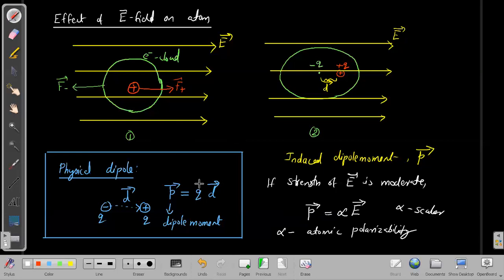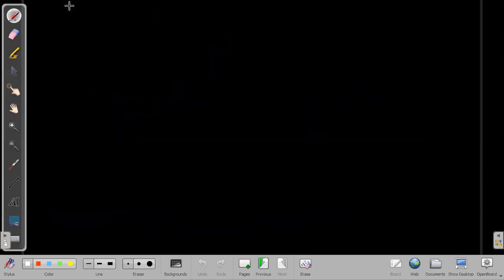Now, what would be the effect of an electric field on a molecule? There are two types of molecule: molecules with no inbuilt dipole moment and molecules with an inbuilt dipole moment. The electric field that we are discussing is the static electric field.